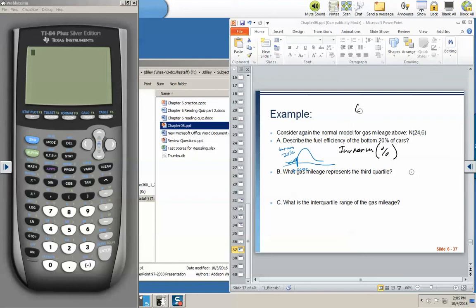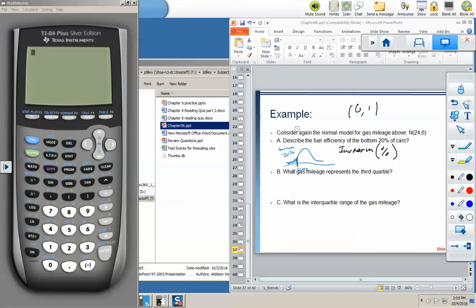You're going to want to use 0, 1. You can use other ways to do it, and you can explore that by yourself. But we're going to find the z-score, which means that we need to use a mean of 0 and a standard deviation of 1. So let's go to the calculator and do that so we can find that z-score.